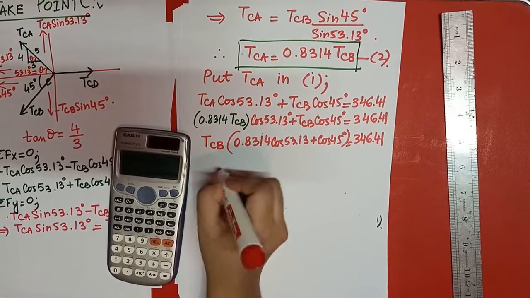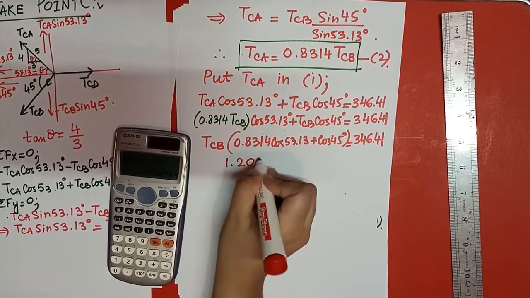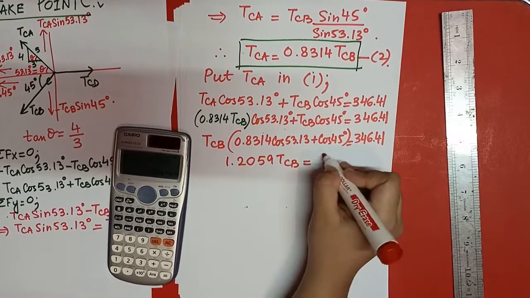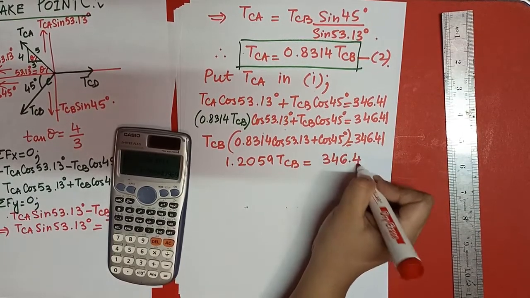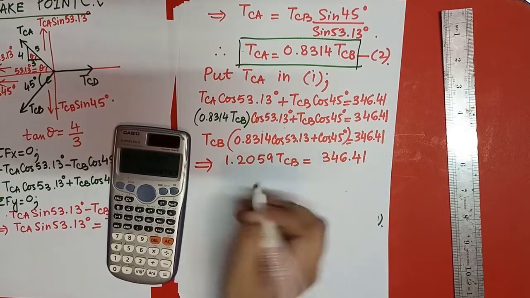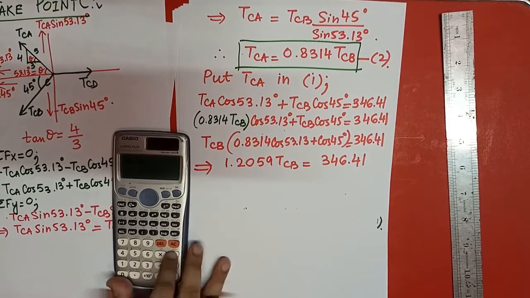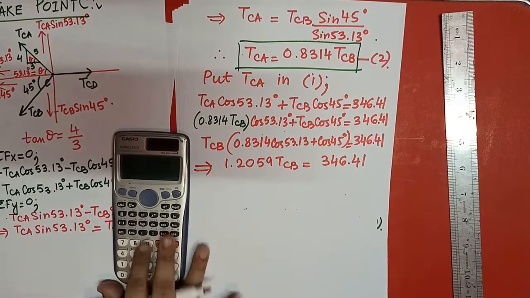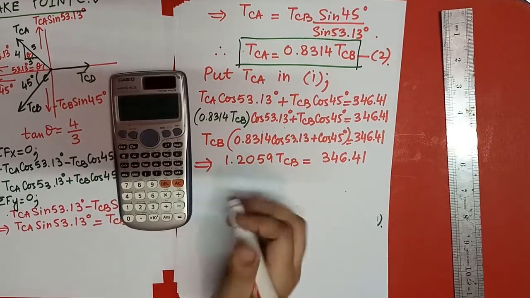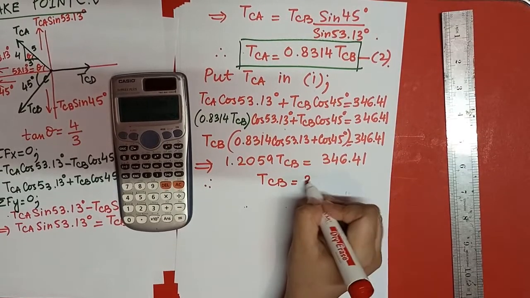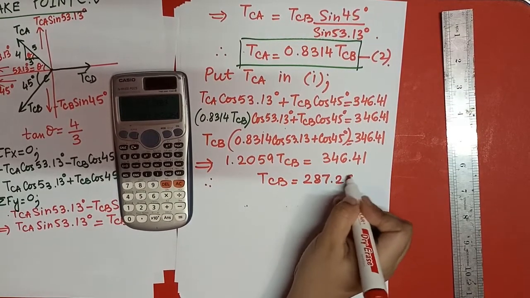So it is coming out to be 1.2059 TCB is equals to 346.41. So I have to do 346.41 divided by 1.2059. This is 287. So therefore TCB is coming out to be 287.26 Newton.